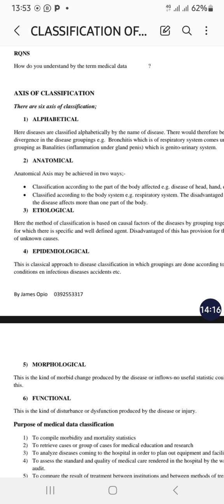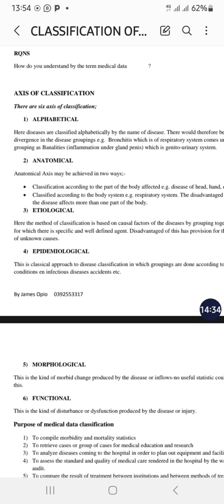In the case of axes, we have various approaches that we can use. One of them is what we are calling anatomical. Anatomical is concerned with the body and its structures.